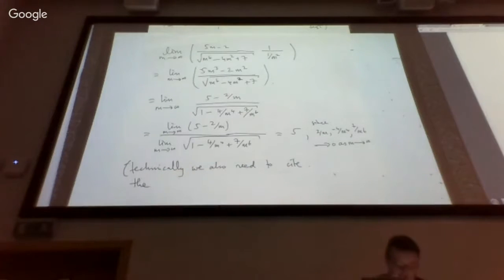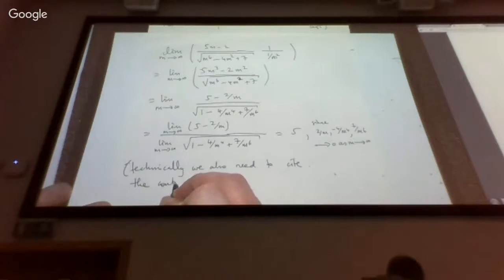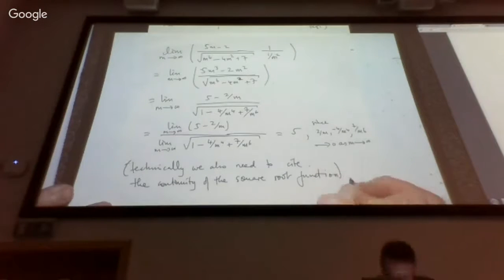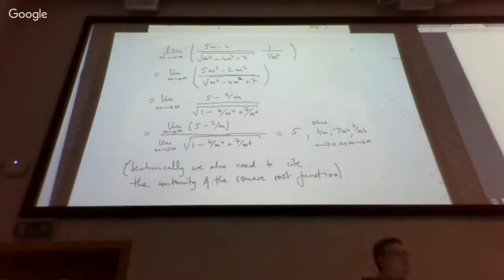I won't bother too much about it at the moment, but I'll just put it in here as a remark. We also need to cite the continuity of the square root function, because we're basically saying that the limit of the square root of something is equal to the square root of the limit of the something.